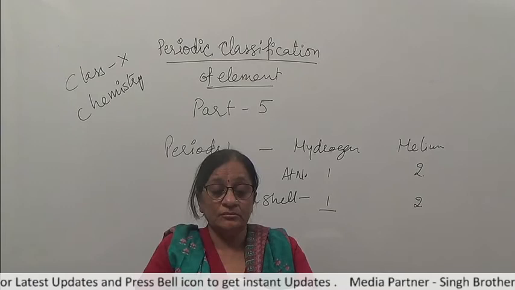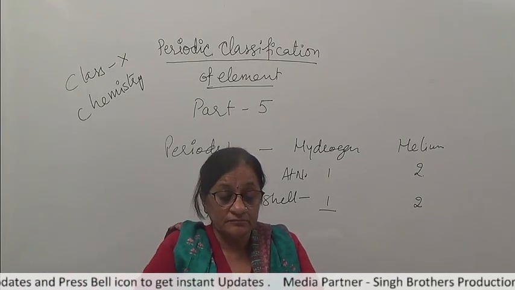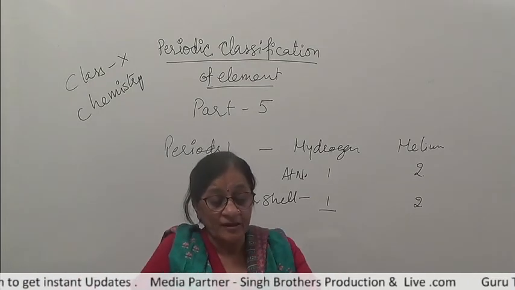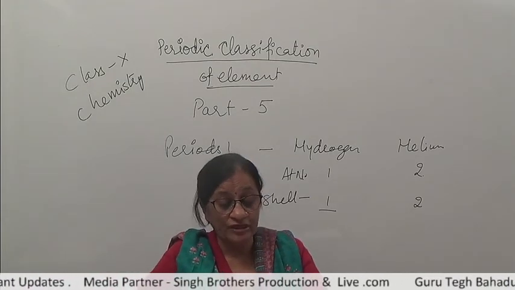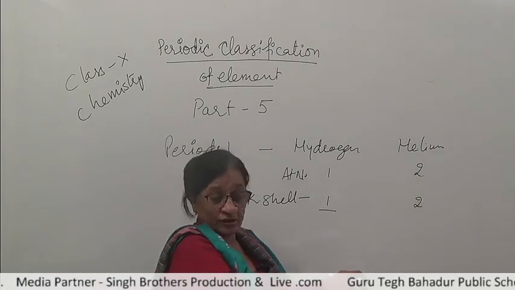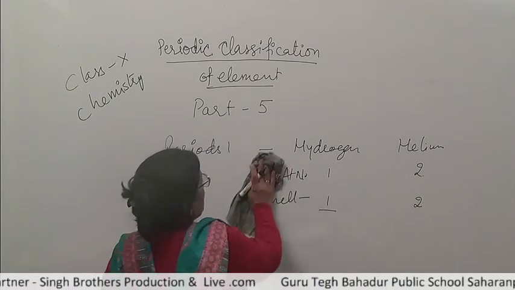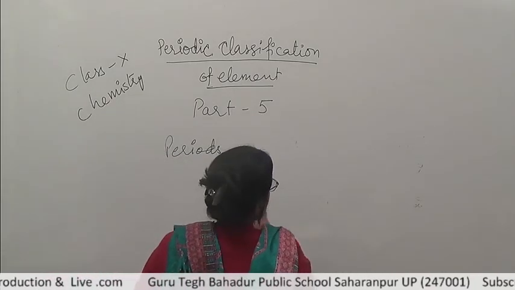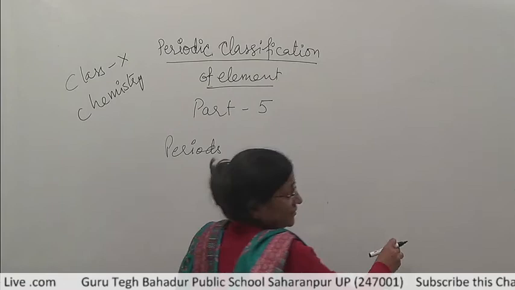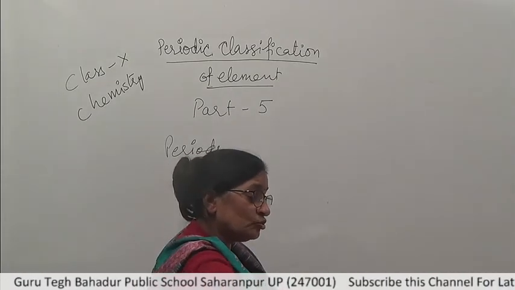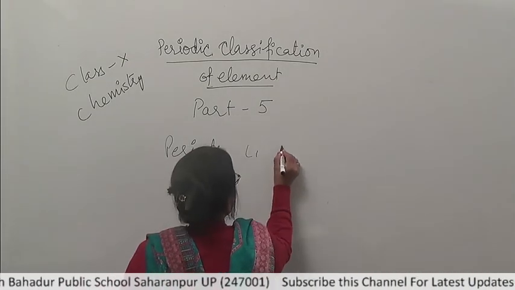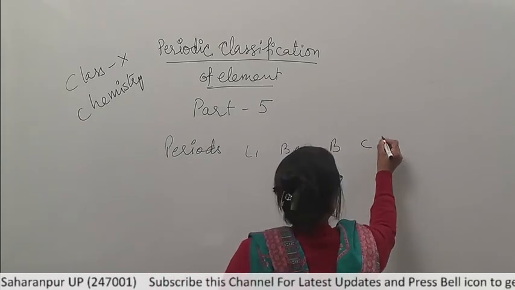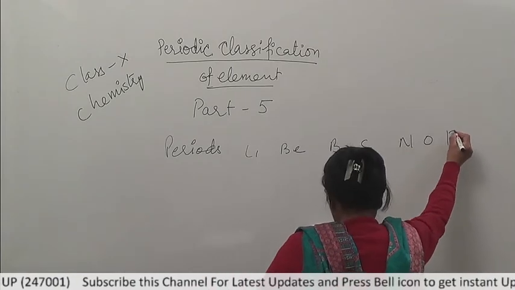So the period is decided by the number of shells. Another example we can take is the elements of period 2. The names of elements in period 2 are lithium, beryllium, boron, carbon, nitrogen, oxygen, fluorine and neon.